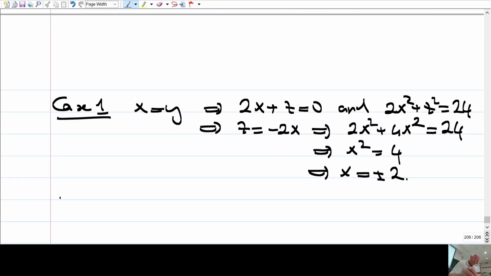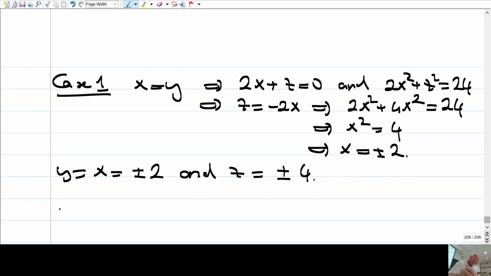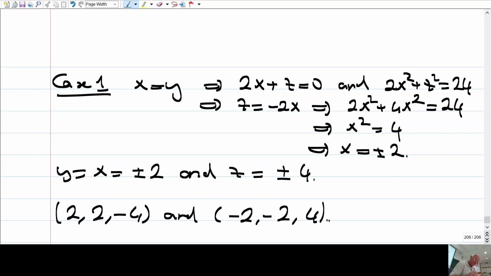If x is plus minus 2, then y is x, so it's also plus minus 2. What about z? And z is minus plus 4. Değil mi? I multiply by 2. So we get 2 points: 2, 2, minus 4 and minus 2, minus 2, plus 4. So in total we have 4 points.